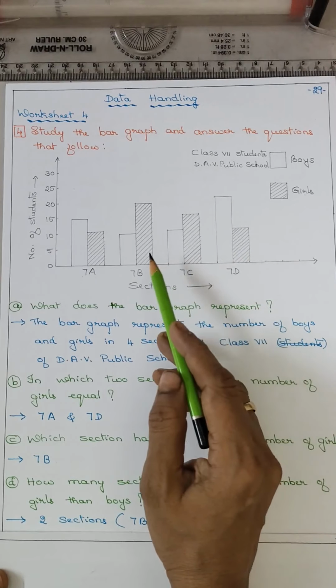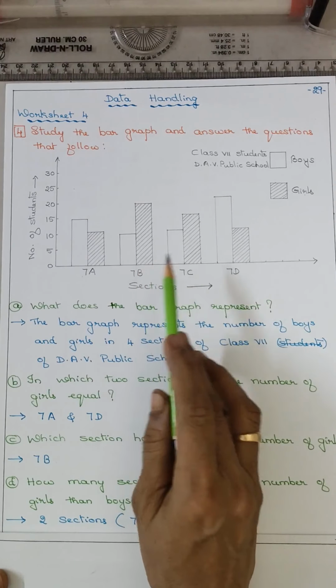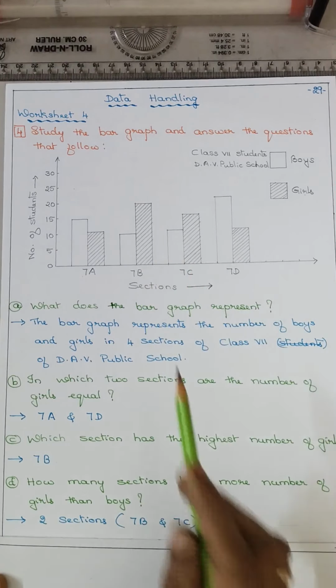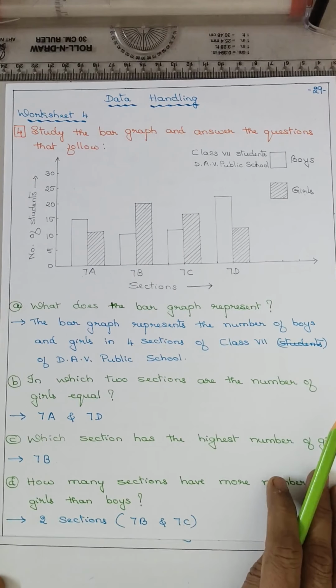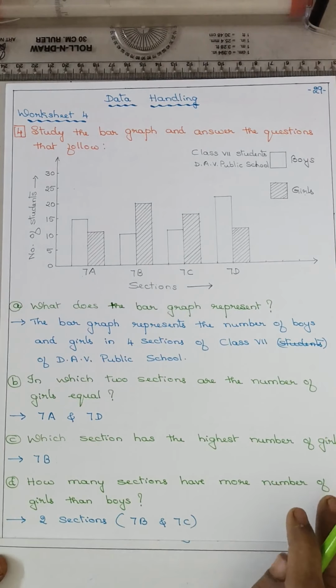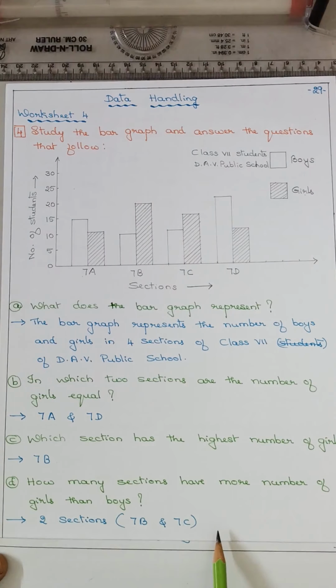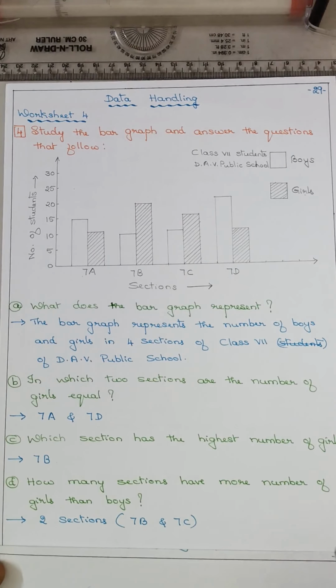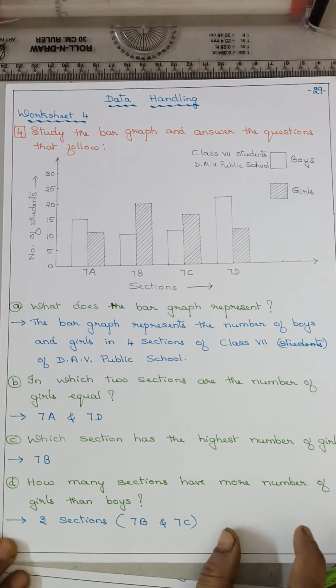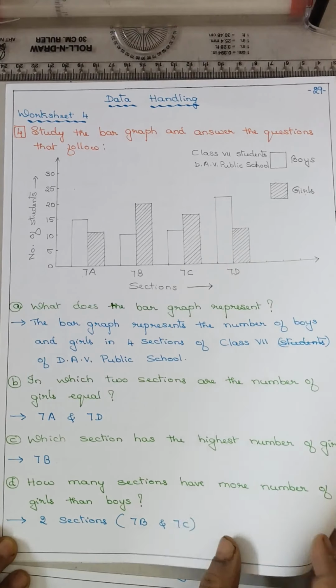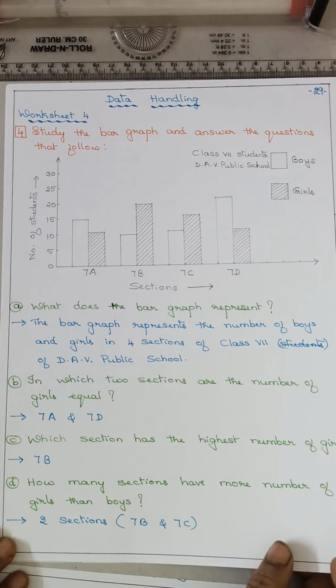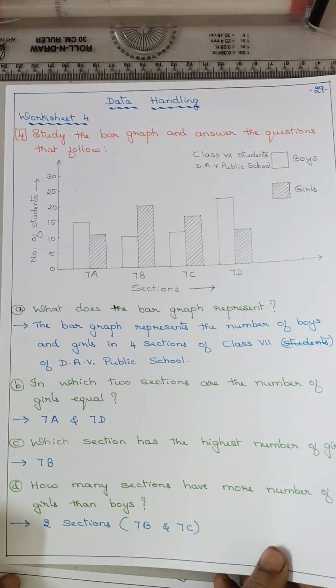So in 2 sections, that is 7B and 7C, isn't it? Here it is more. So the 2 sections 7B and 7C have more number of girls than the boys. Hope you understood this double graph, how you have to read.